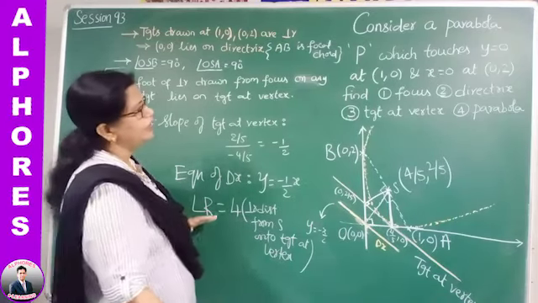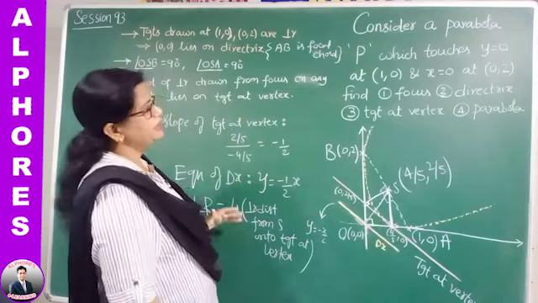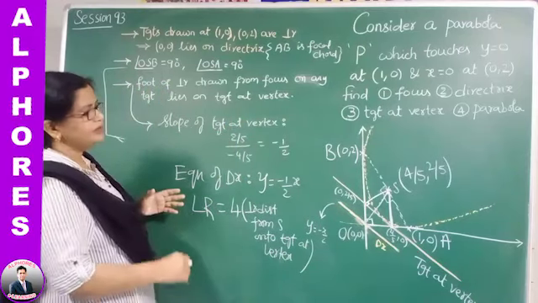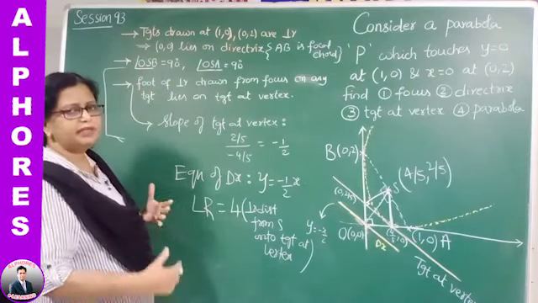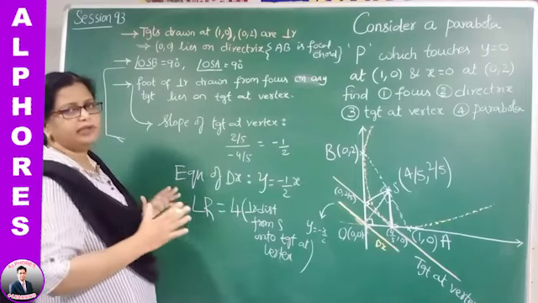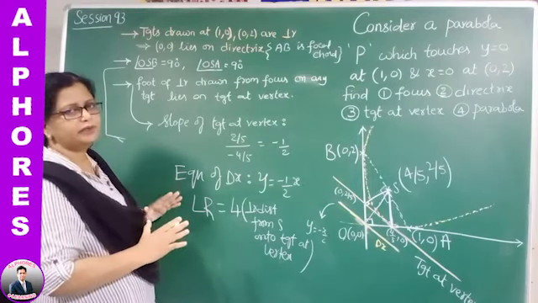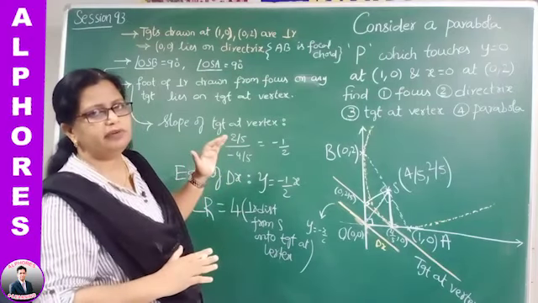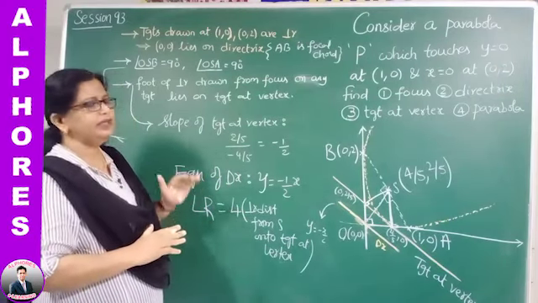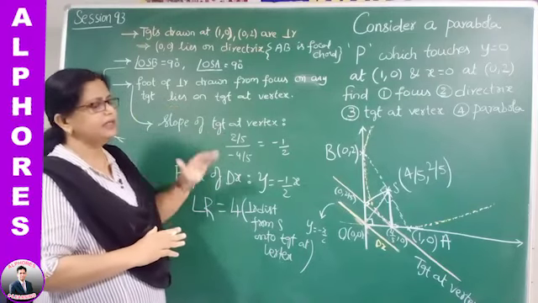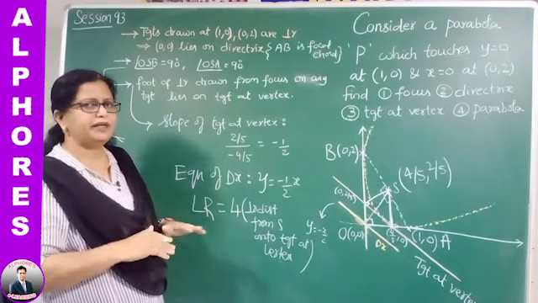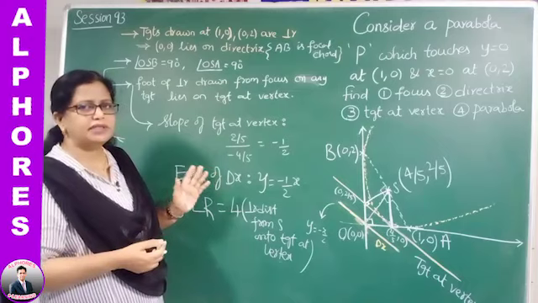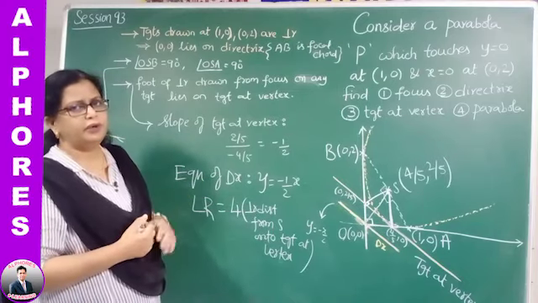So in this way you can use the properties effectively. If you have this bunch of properties in hand, then we can easily solve these kinds of problems. Nothing to worry about all the properties. Please write them on one paper clearly. Whatever we have started with the tangent properties, write all of them on one paper and practice those by taking the standard parabola y square equal to 4ax.